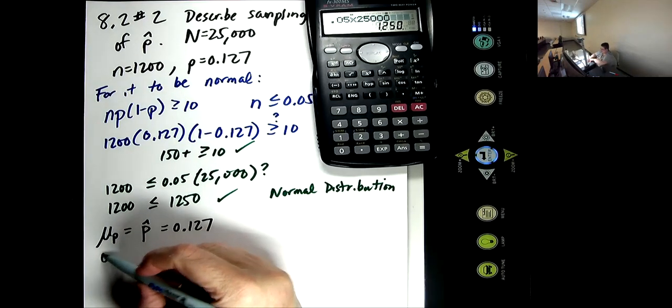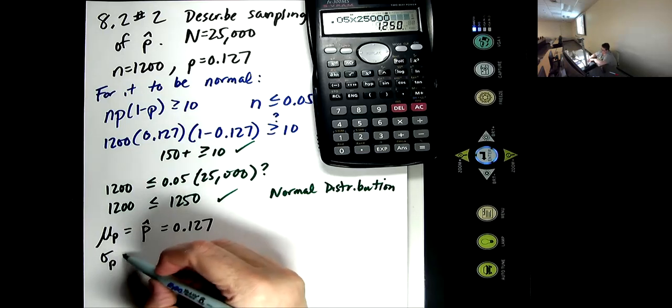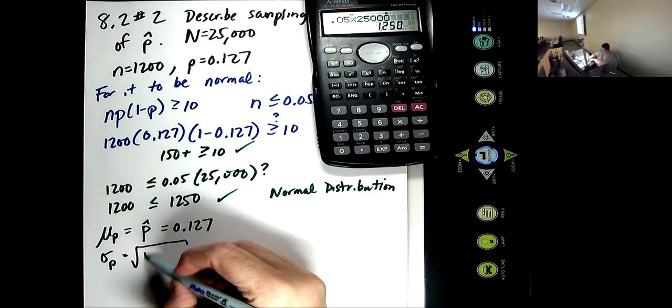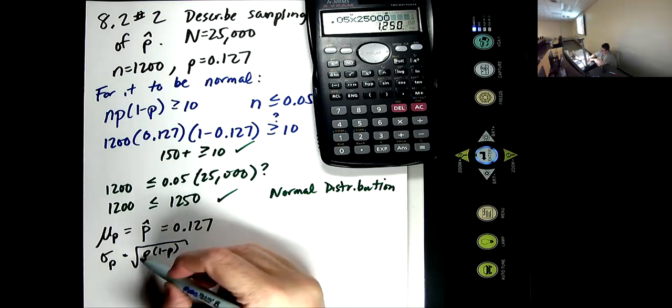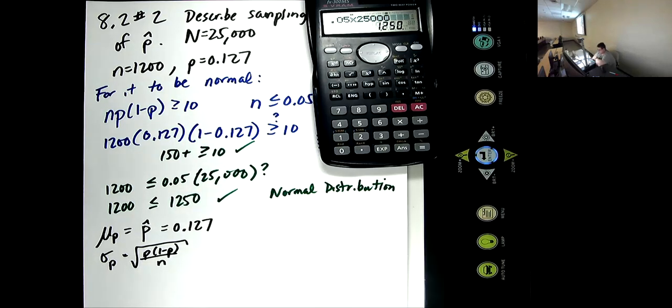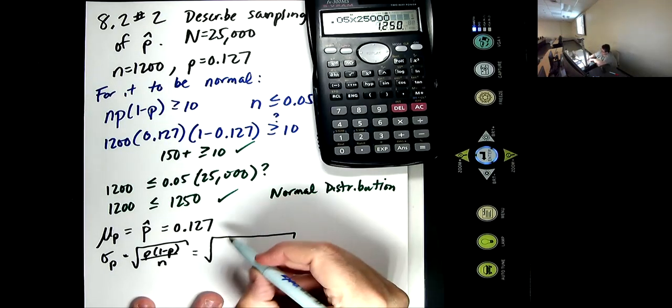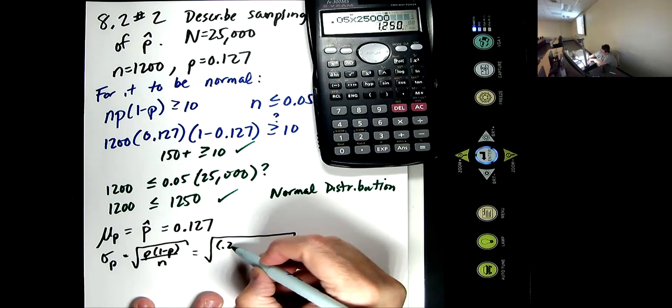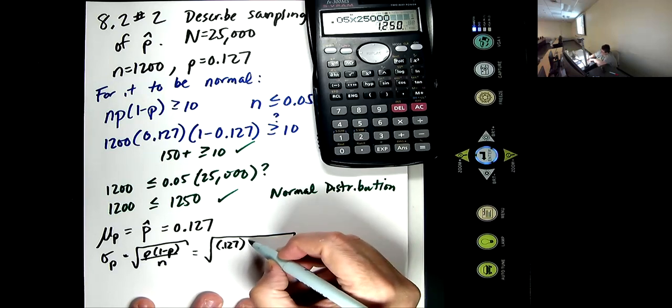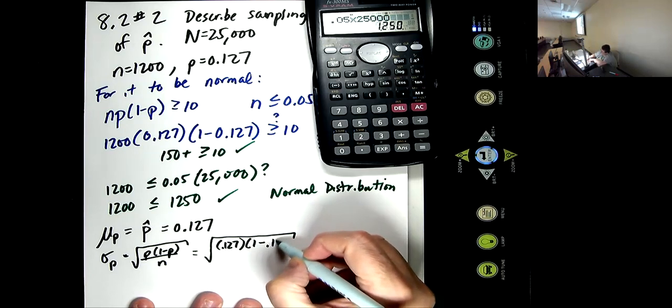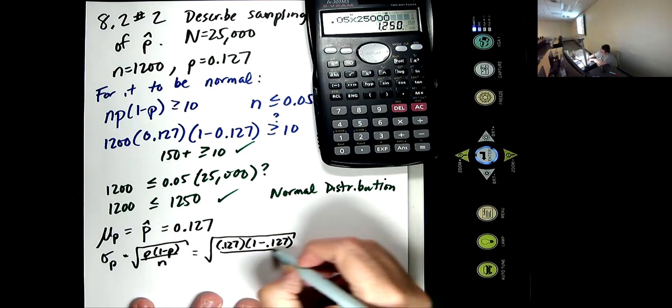The standard deviation is the square root of p times 1 minus p over n. Square root of 0.127 times 1 minus 0.127 divided by 1,200.